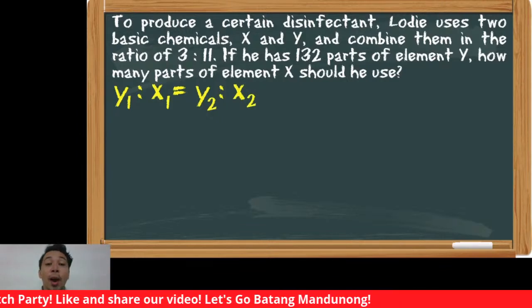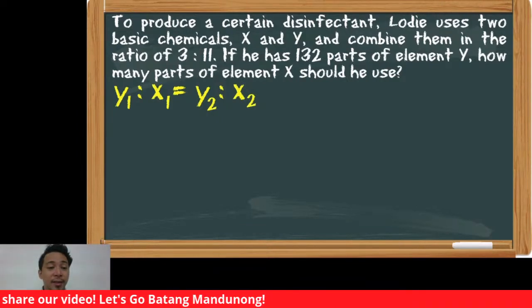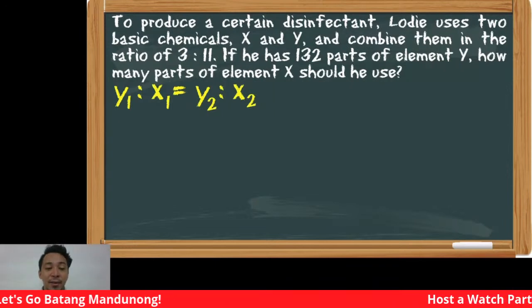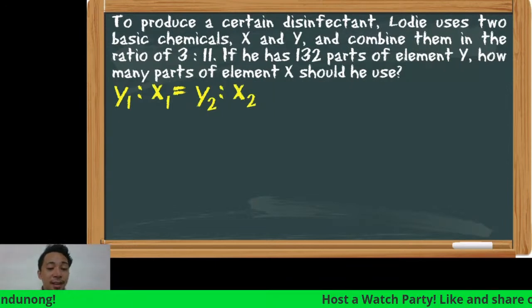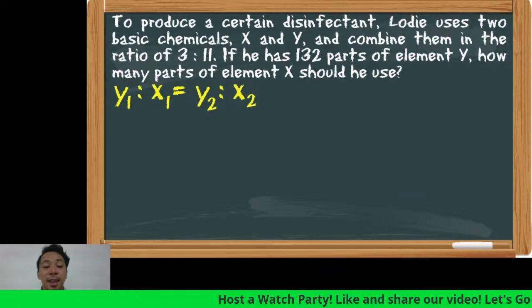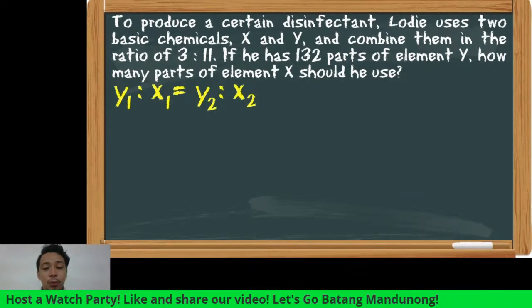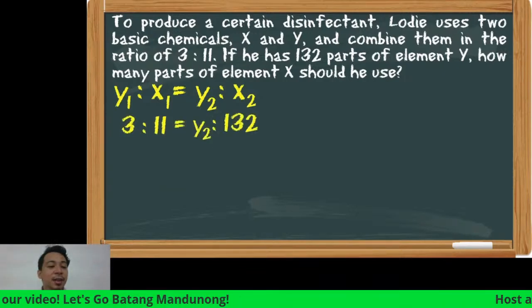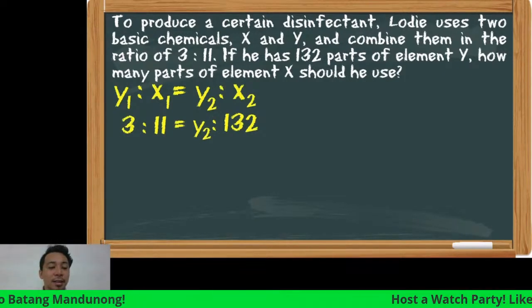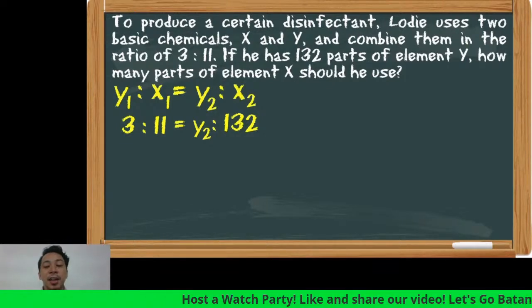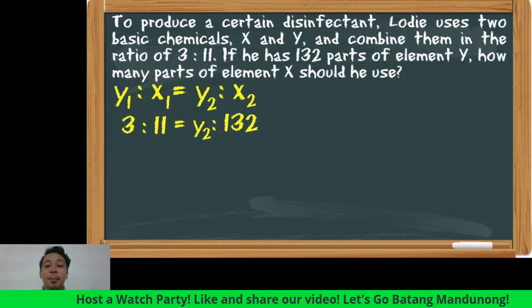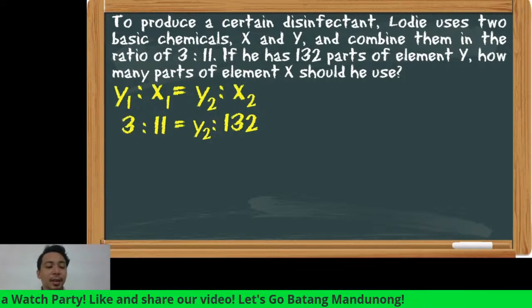We already have y sub 1 and x sub 1, that is 3:11, and we don't know yet y sub 2, that is for element x, and then we have x sub 2, that is for element y. So you have now 3:11 equals the unknown, which is the element x, y sub 2, is to 132, which is the element y.